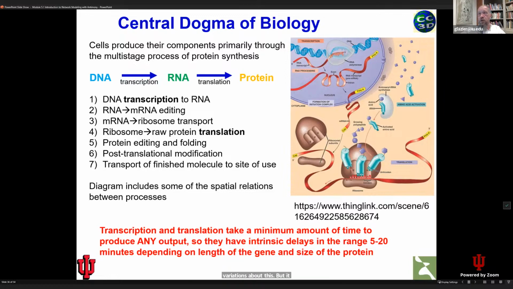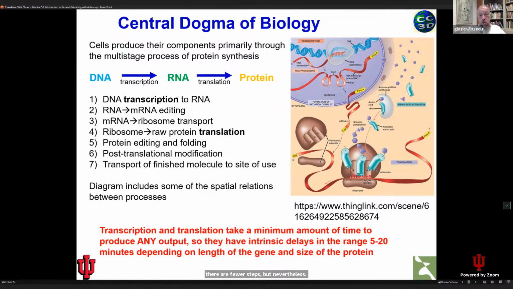But it means that going from a gene in your DNA to an active product, whatever it is, takes many steps. Sometimes the active product is an RNA, in which case there are fewer steps, but nevertheless, if it's got a protein intermediate, there are a lot of steps.